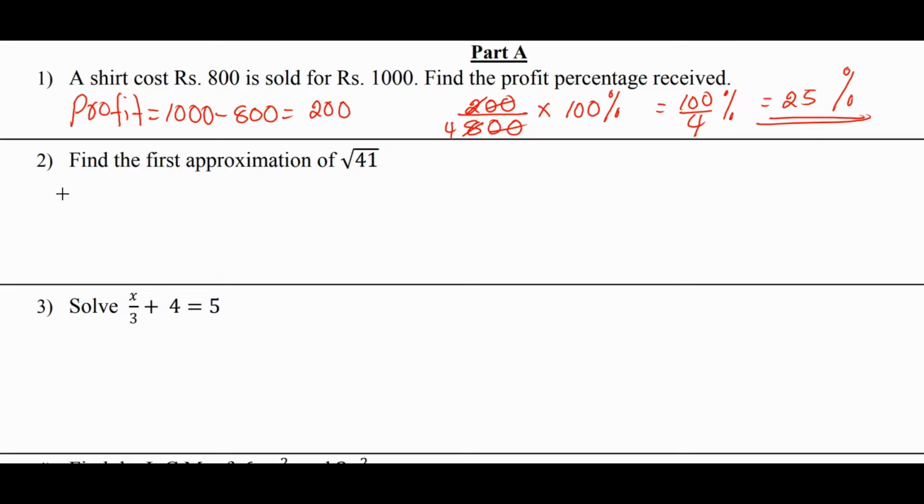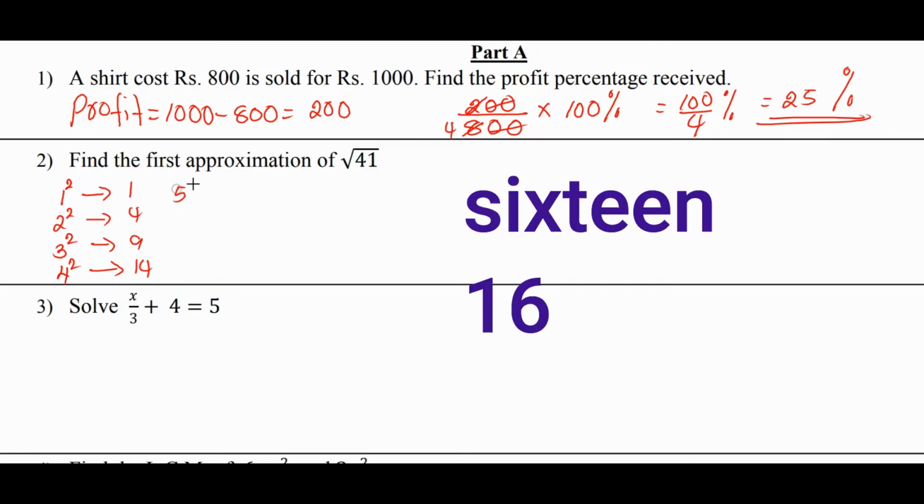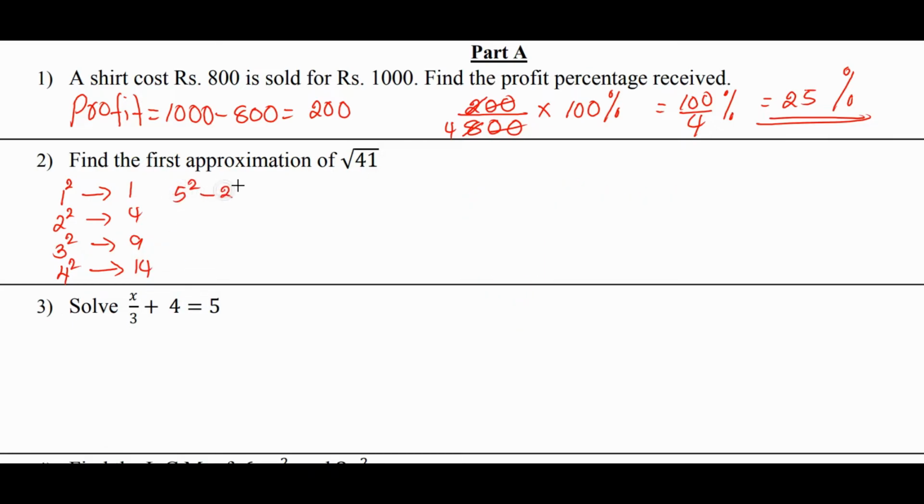I will write down the perfect square values here. 1 squared is 1, 2 squared is 4, 3 squared is 9, 4 squared is 16, 5 squared is 25, 6 squared is 36, and finally 7 squared is 49.